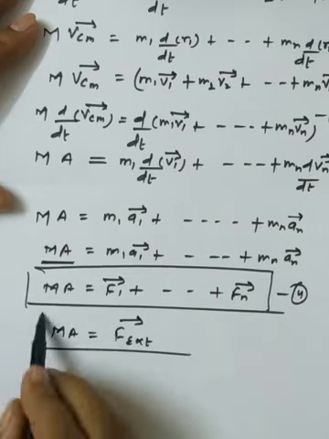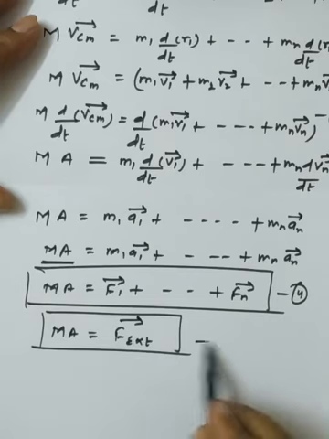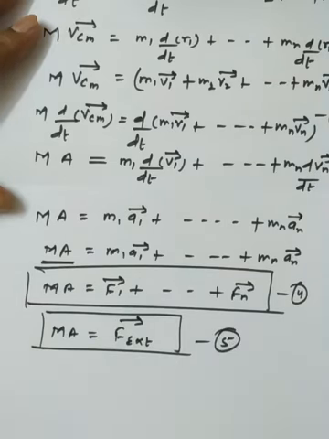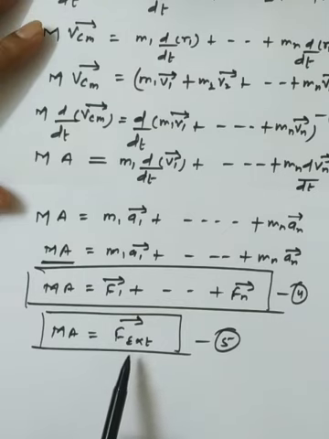So we can easily say that there are a number of particles in a system, and the whole mass is situated at a center, that is called the center of mass, and the whole system makes its movement under the action of the external force. So the total mass of the system multiplied by the acceleration is equal to F external.